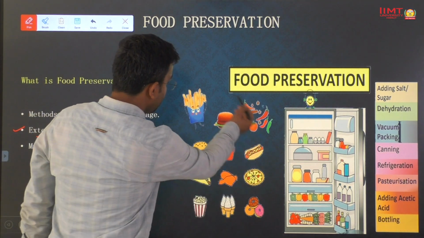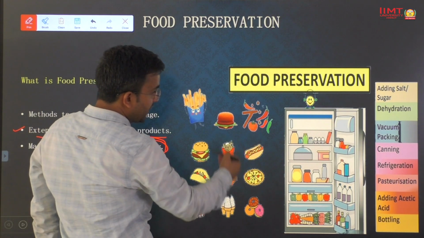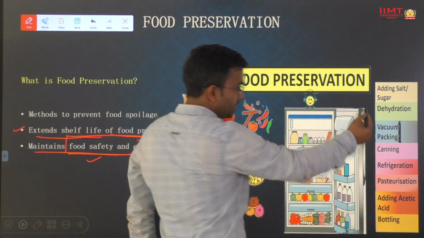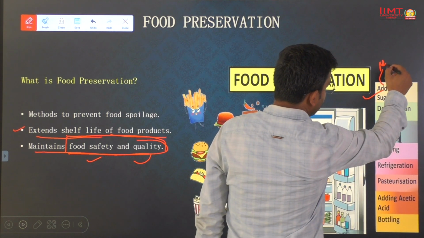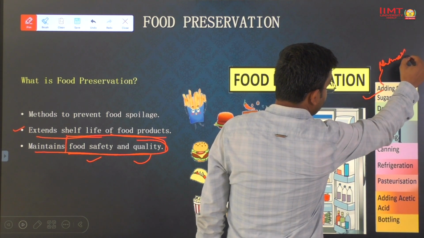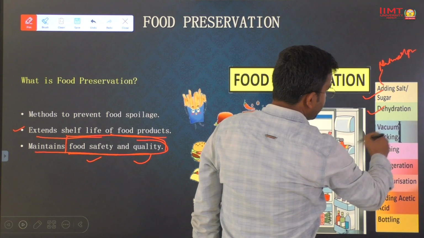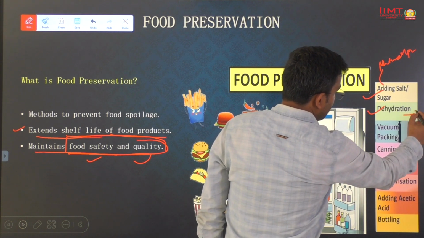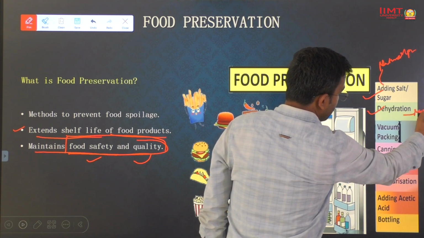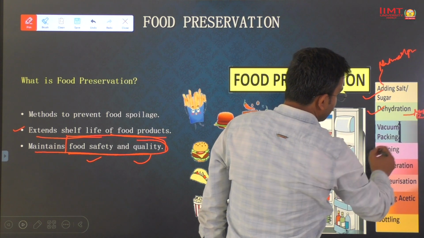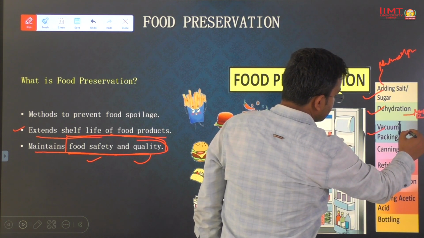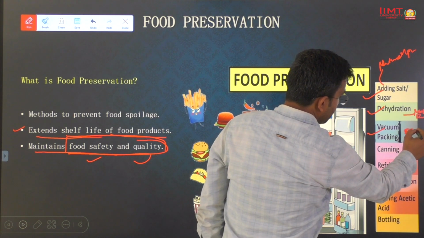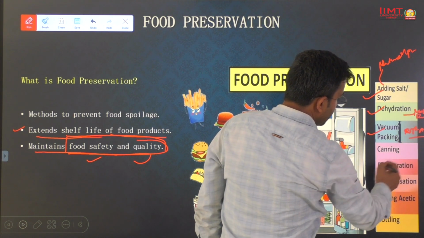Here are some preservation types: adding salt or sugar, natural preservatives, dehydration technique, moisture removal, vacuum packaging, restricting air or moisture.